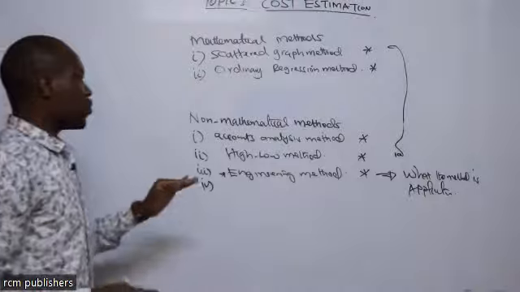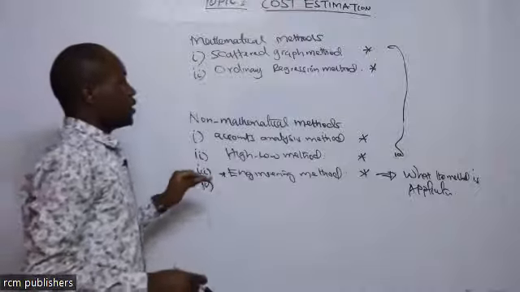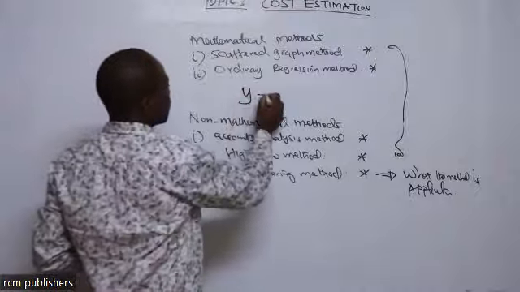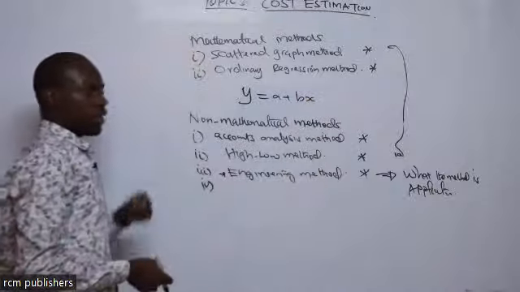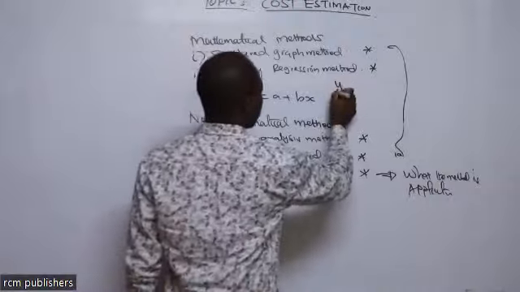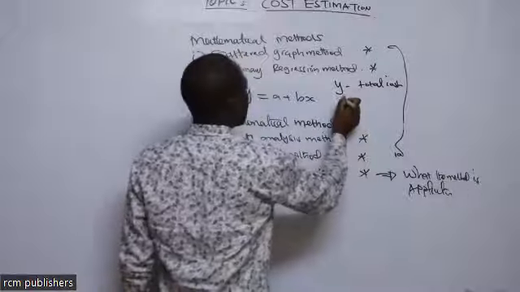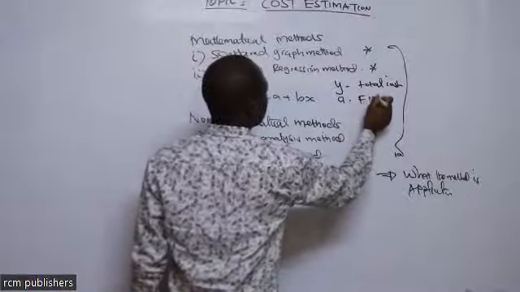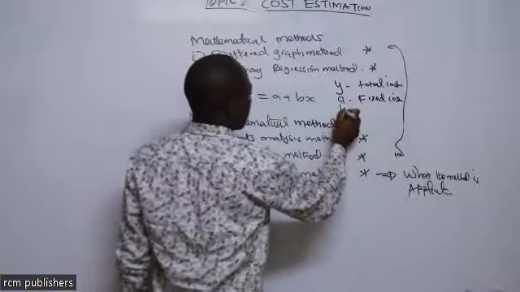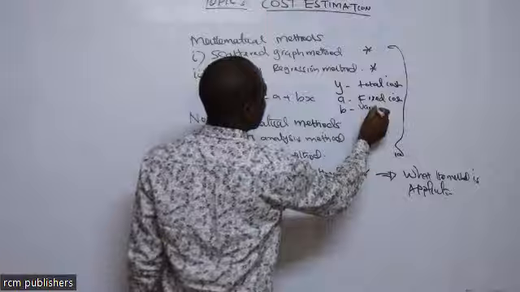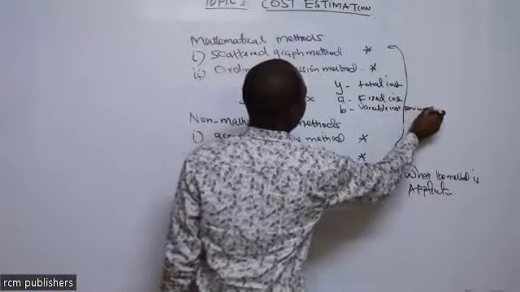Once you know that, because all of these other methods must take you to y equals a plus bx, which the other day we said that y is the total cost, a is the fixed cost, and b is the variable cost per unit.